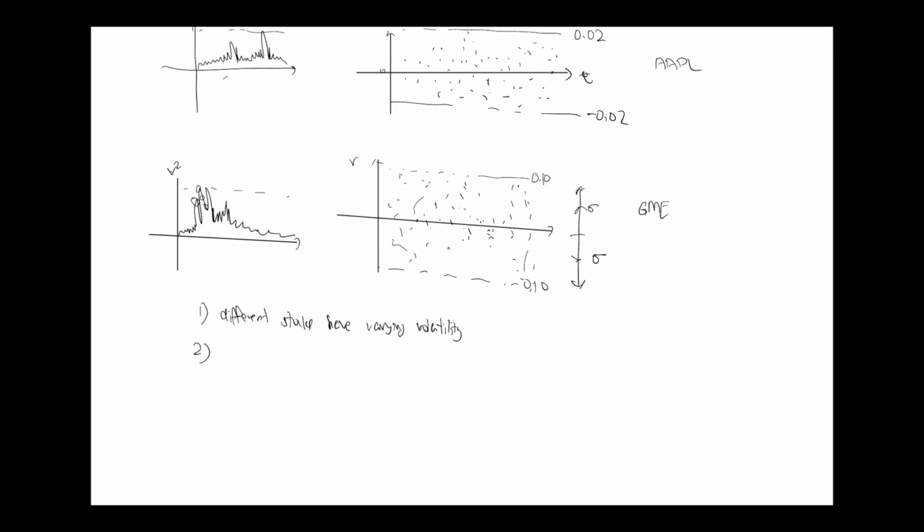We don't know whether it's going to be positive or negative, but large moves are associated with large moves. And this concept is said to be volatility clustering. So first point, different stocks have different volatility, and 2, volatility tends to cluster. Large movements are associated with large movements in the near future.